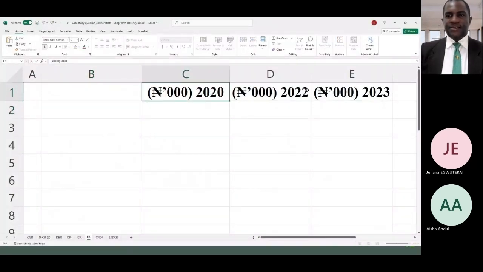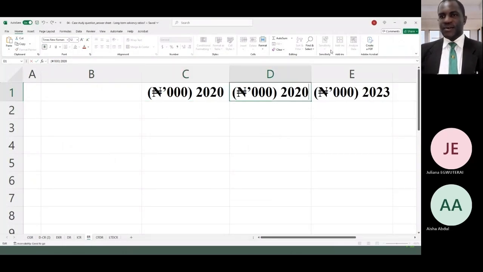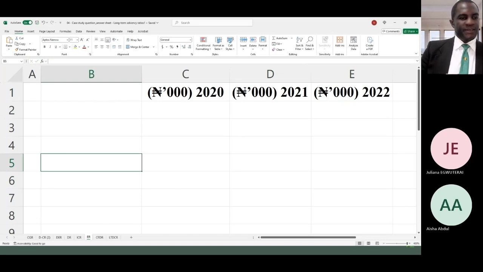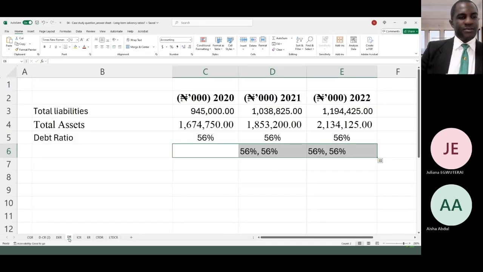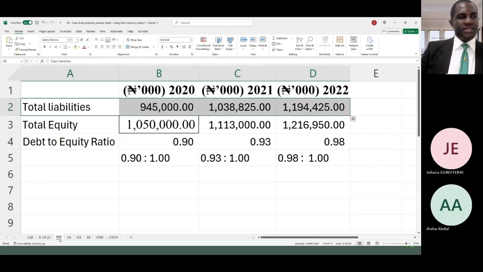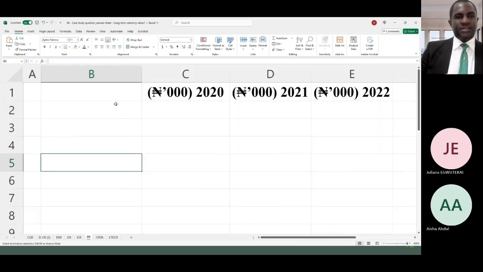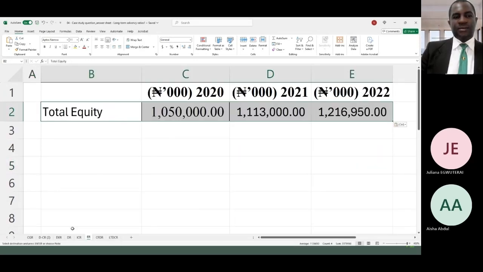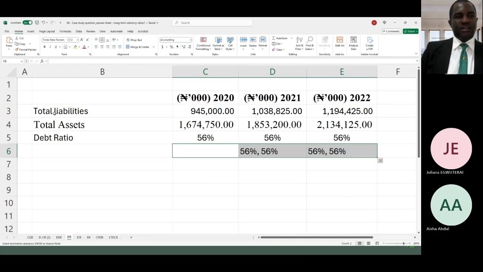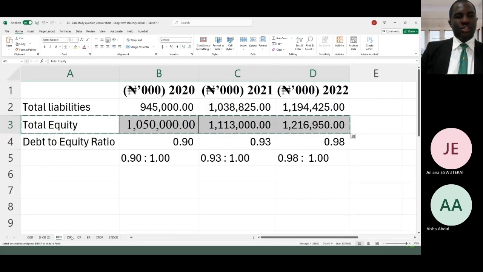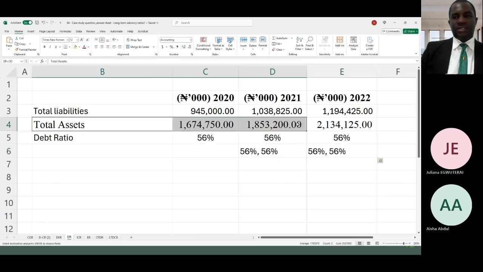So let's go. We already have our numbers. It's just to copy and paste. It's very simple to derive. Let me go to our total. Where do we have equity? Okay, we have equity here. Let me just copy it. Let me go to where we have our assets.